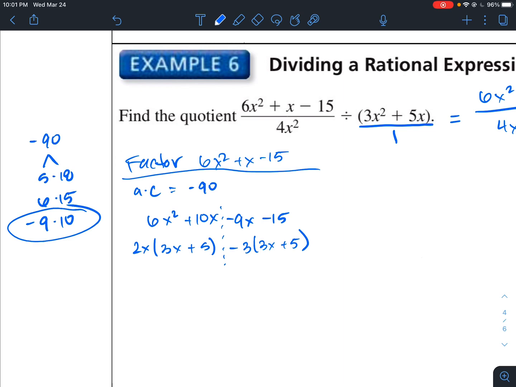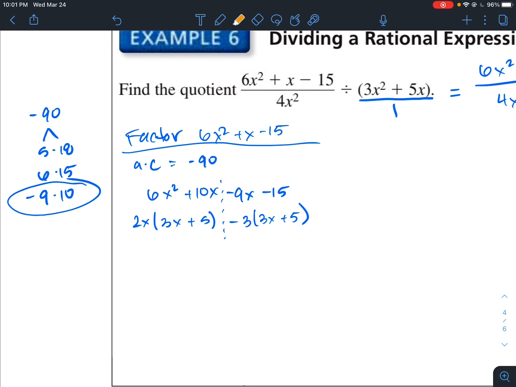And so now they have a common binomial factor. So here's the common binomial factor. And I can factor that out. So 3x plus 5. And when I factor that out, I'm going to be left with 2x and negative 3.